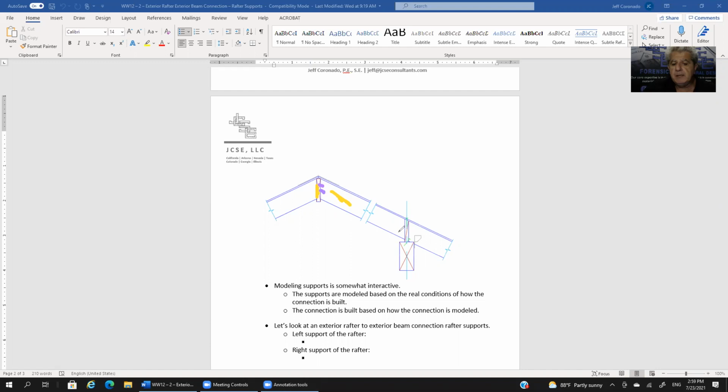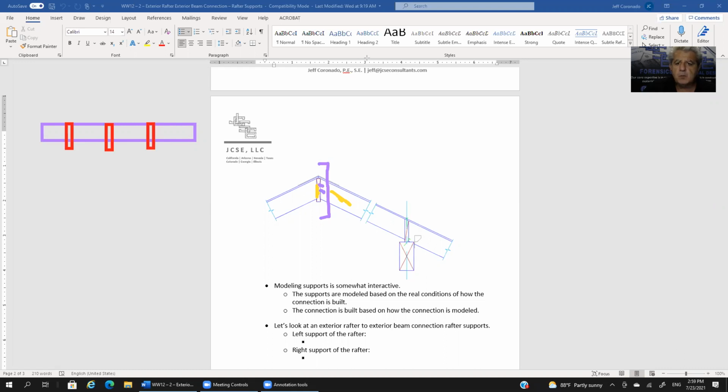They might even be toenails. In fact, they probably are toenails, which means that if we cut a section and look that way, what we're going to see is our ridge board, and then our rafters framing into that ridge board.